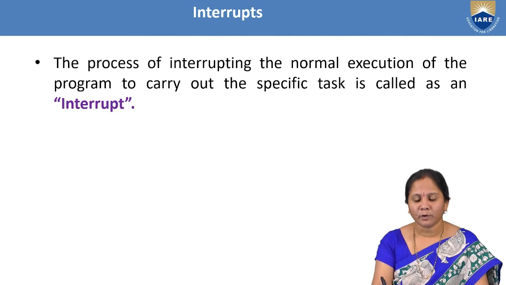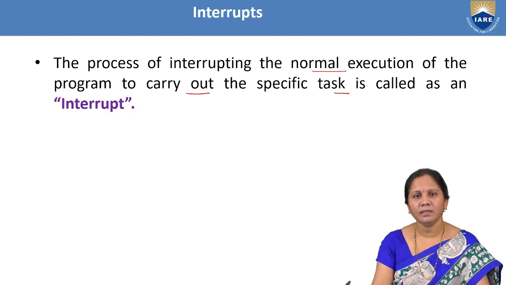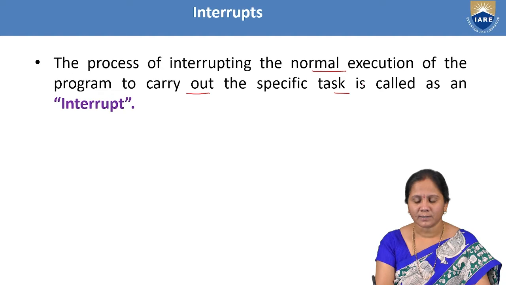The process of interrupting the normal execution of the program to carry out a specific task is called an interrupt. Generally, an interrupt is an external event that comes in between when executing the main program. That is why we say it is an interrupting process during execution of the program.